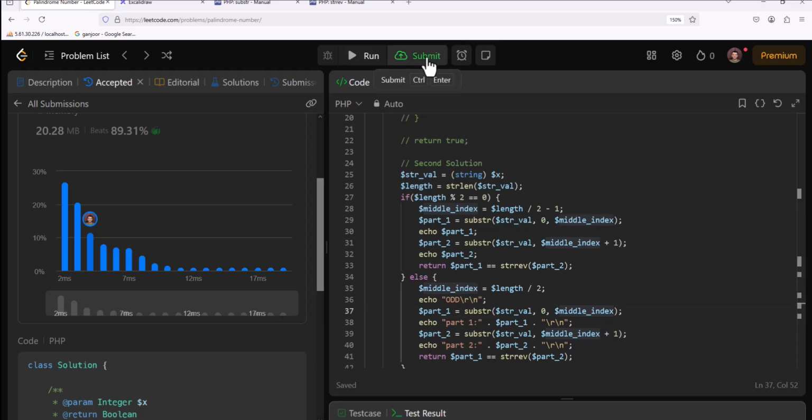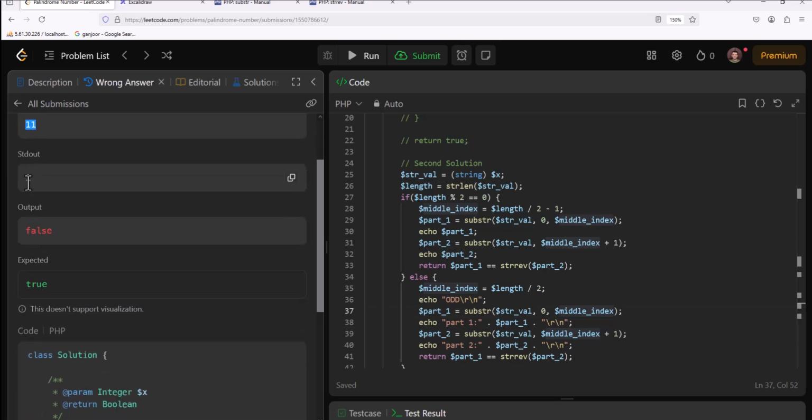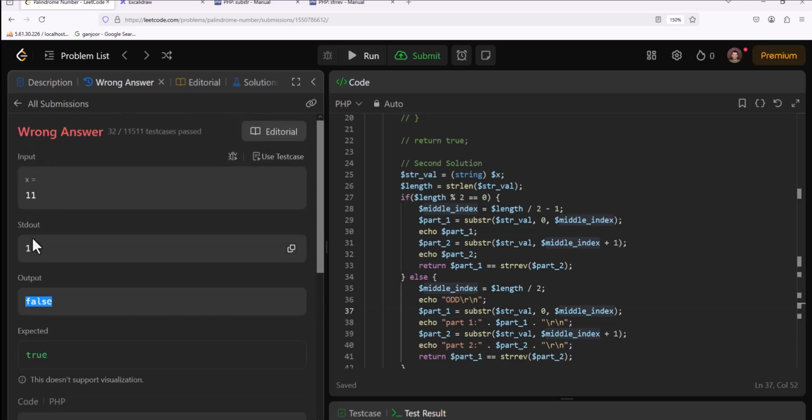Okay, let's submit this and I will refactor it. Wrong answer. Input is 11, count is 1, and output is false. But okay, why is it the problem? Okay, for 2 divided by 2, let me do this.